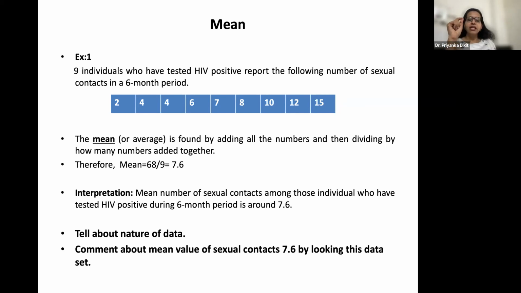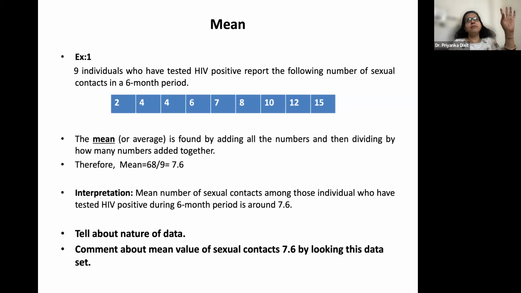We can apply. Can we apply mode? We can apply. If the variable is captured in continuous scale form, we can apply all types of statistical techniques, not only mean, median, mode, because the nature of the variable is sophisticated.